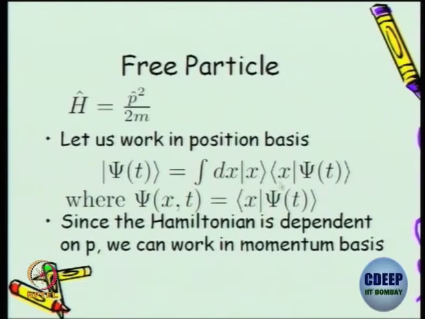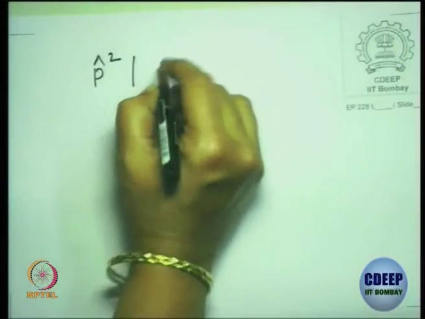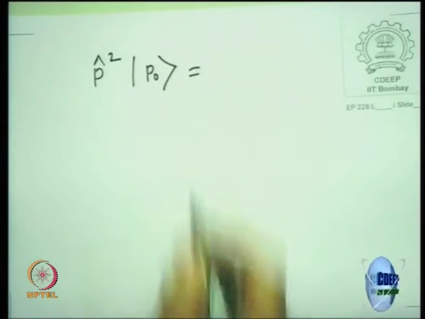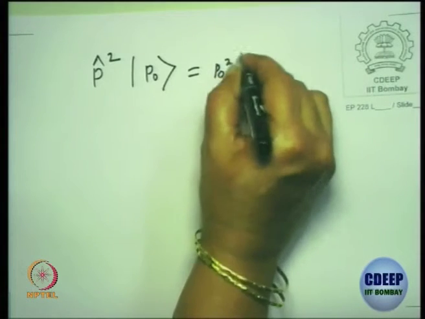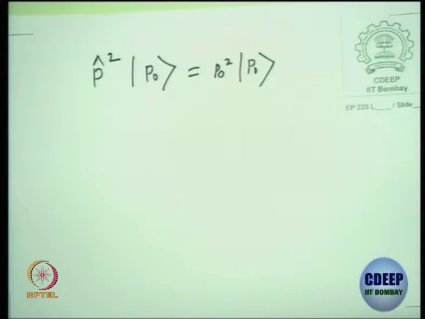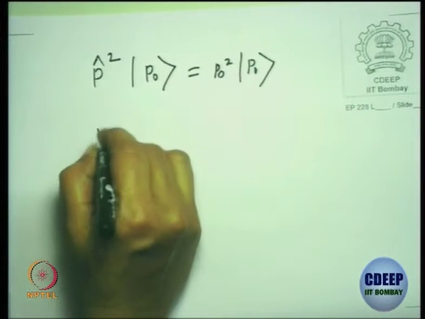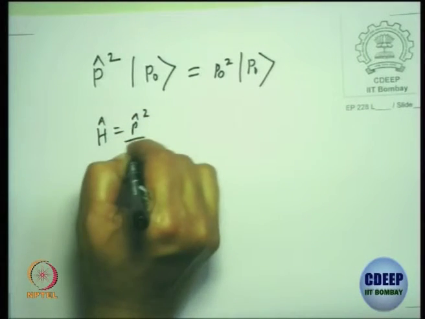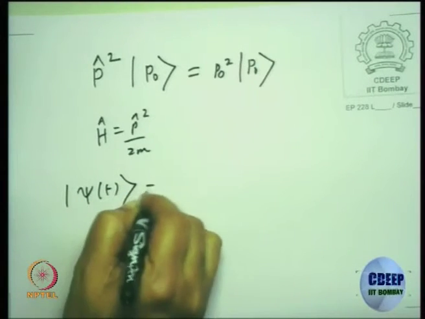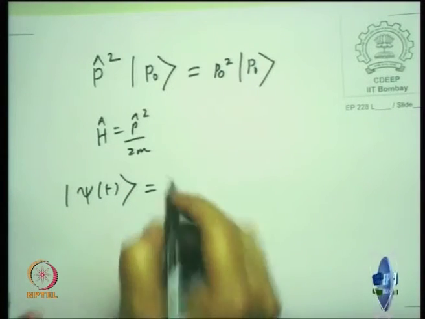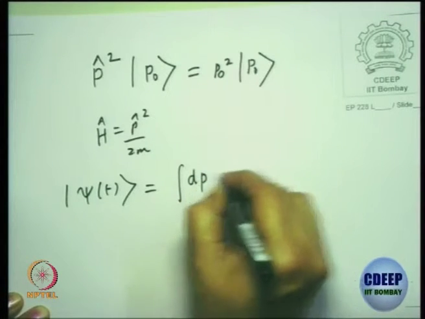I do not know what p squared on x is, but I definitely know what p hat squared on a p naught state will be: p naught squared, the eigenvalue, times p naught. Right. Hamiltonian is p squared over 2m. So, we wrote the state psi of t in position space, but you could have written it in the momentum space.